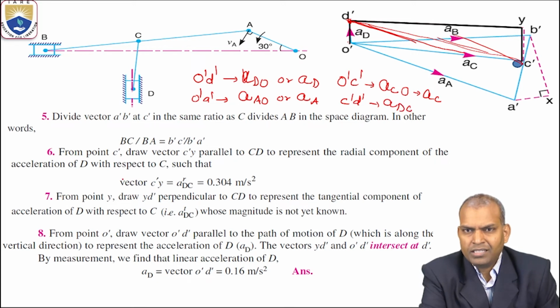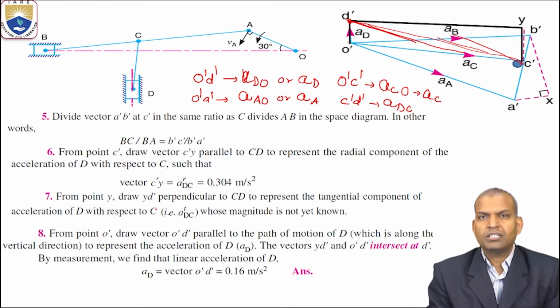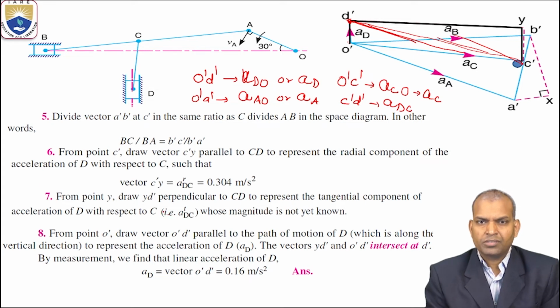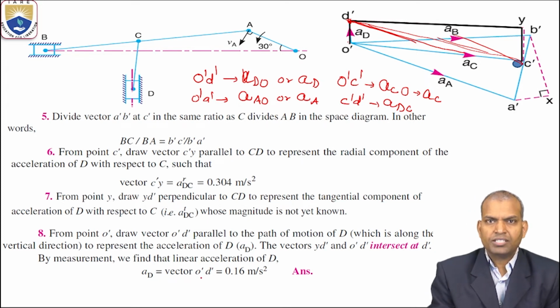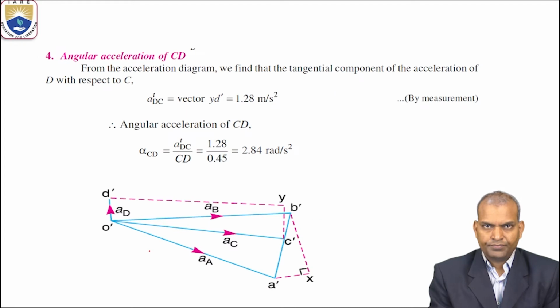Thus you can measure the accelerations of all the links by measuring the vector lengths from the acceleration diagram. This acceleration of D, AD, that is vector O dash D dash, is equal to 0.6 meter per second square.